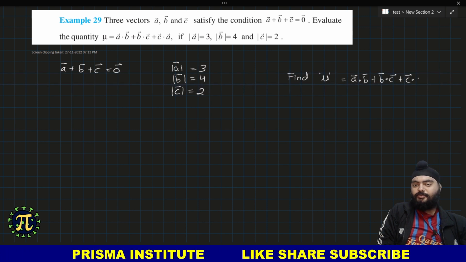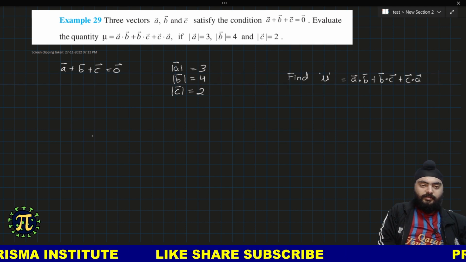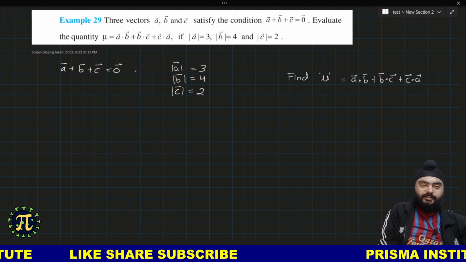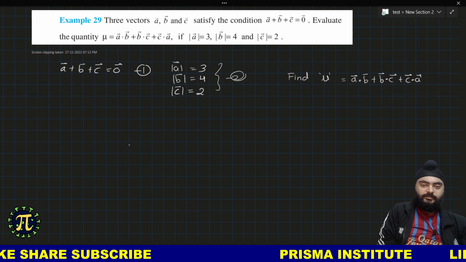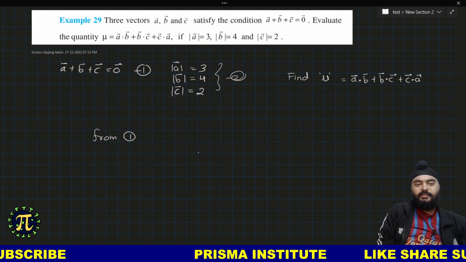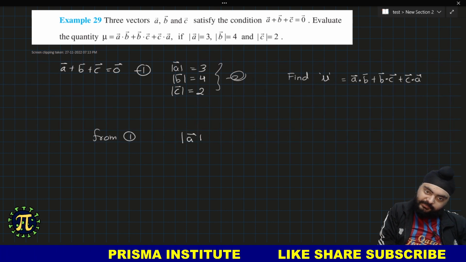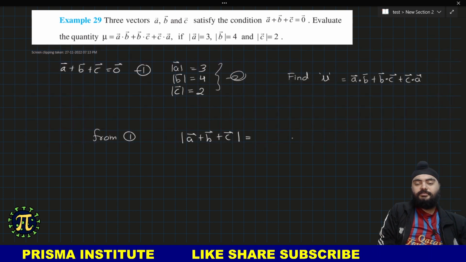And अभी हमने ये क्वेश्चन किया था and we know how to calculate that. So let's start with our first condition and let's say this is the second condition. So from 1, what can I say? If A plus B plus C is null vector, तो magnitude of A plus B plus C कितना होगा? Magnitude of A plus B plus C will be 0.